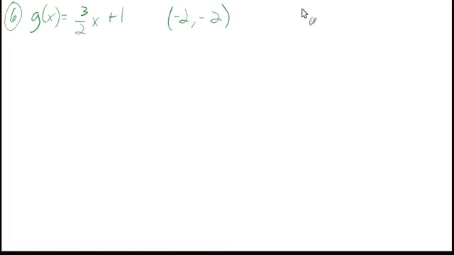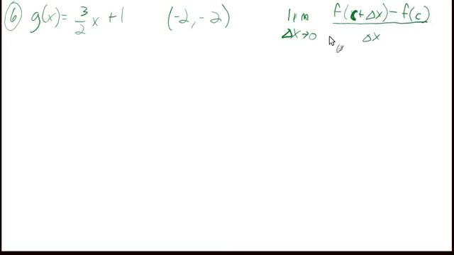So if we need to remind ourselves of the general form of this limit that we use to find the slope, f of c plus delta x minus f of c over delta x, and of course c being -2.